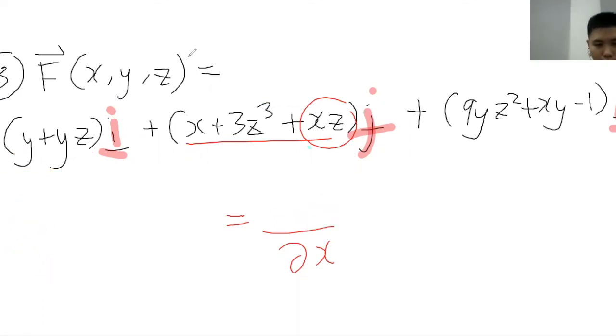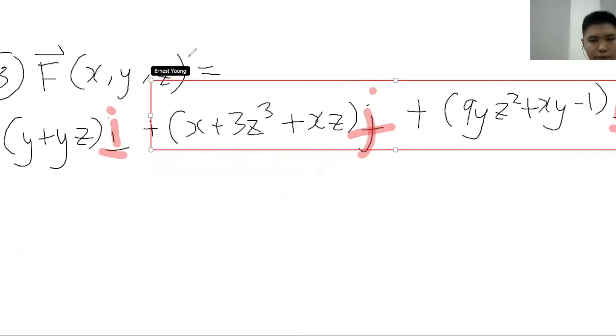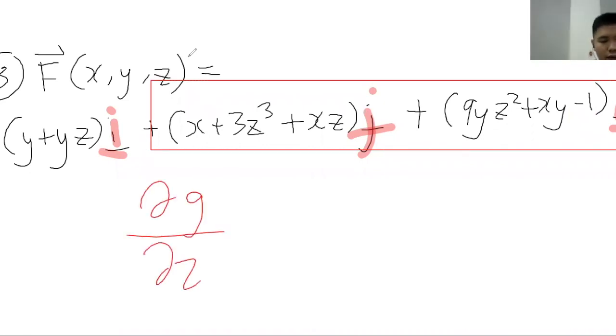Then we do the second test, which is the second term and the third term. So in this one, we differentiate in respect to the opposite, which is z right now. X doesn't have z, so it's 0. So this one times 9z squared plus x.